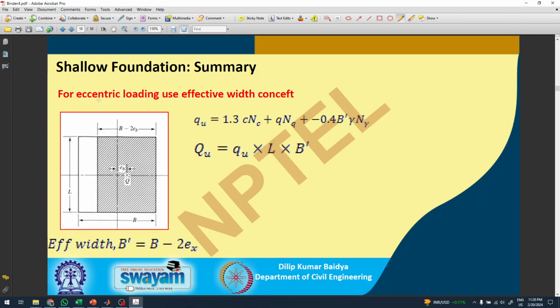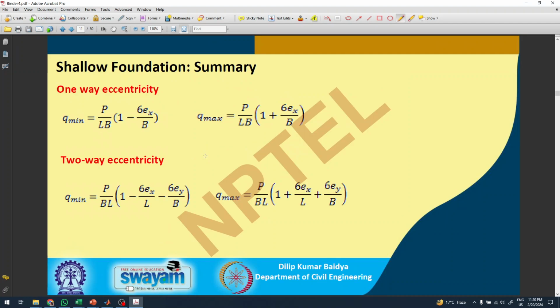We talked about eccentricity, eccentric loading, inclined loading, and eccentric loading. We did a question on that. We did a question on one-way eccentricity, and we did not do a question on two-way eccentricity explicitly, but as I mentioned in the class, in one-way eccentricity there will be a reduction in one dimension to an effective dimension because of eccentricity in one direction, and in two-way eccentricity this reduction will be in both the length as well as the breadth.